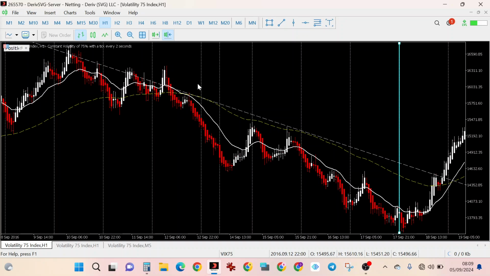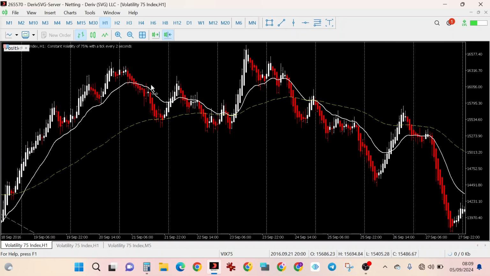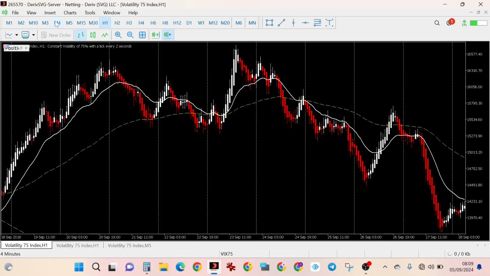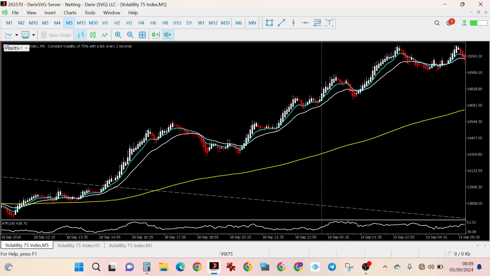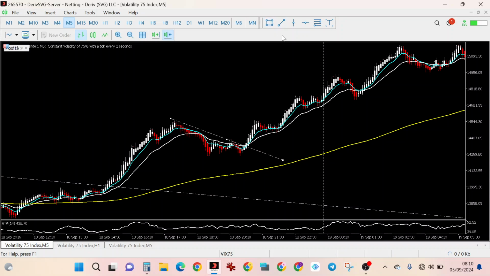So around this area here, if I should draw this thing clearly now, draw it correctly. So you will have to switch to a lower time frame. Let's say M5 here, and you catch your big move there. Okay, so you can see this is the 1 2 3 setup that we're talking about.